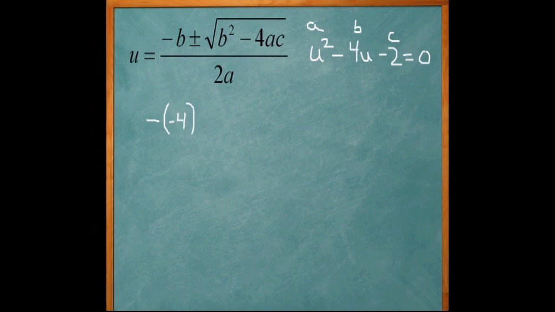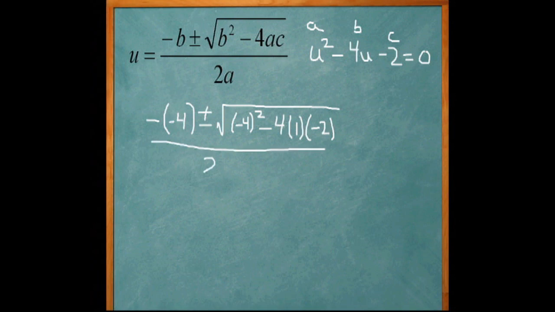All right, so now we have negative b, and b is negative 4, plus or minus the square root of b squared, b is negative 4, minus 4 times a is 1, and times c is negative 2, all over 2 times a, 2 times 1.